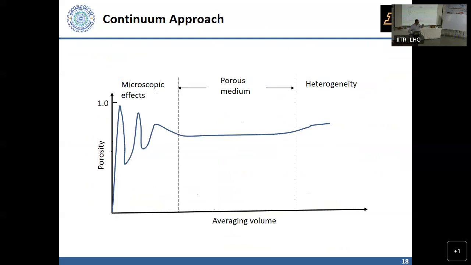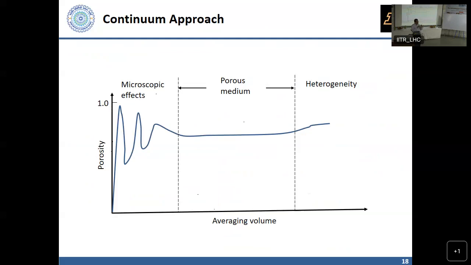We are going to look at a bulk volume of soil and find out what fraction of that bulk volume is occupied by pores. So I'm going to query the soil, and if my probe volume is so small that it is entirely in the void space, then of course I'll get a porosity of 1. If it is entirely in the solid soil particle, the porosity will be 0.